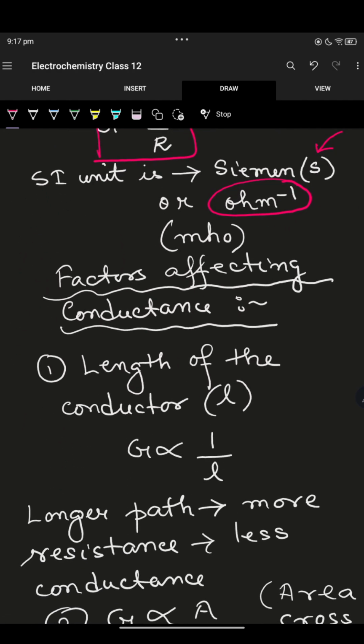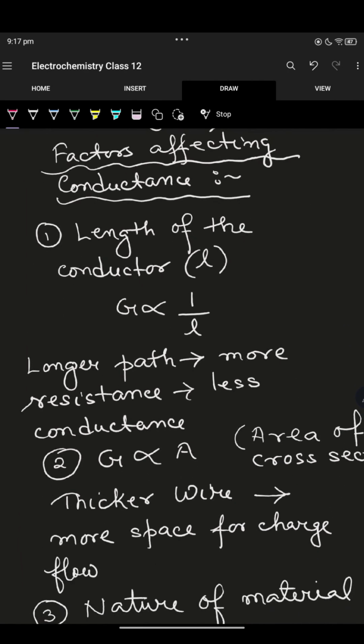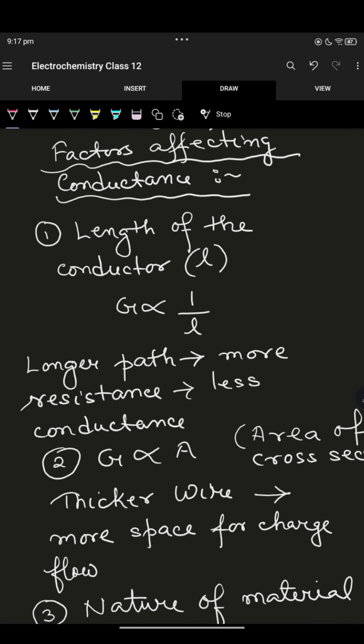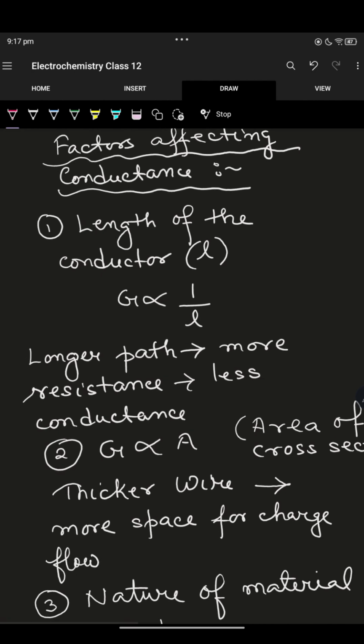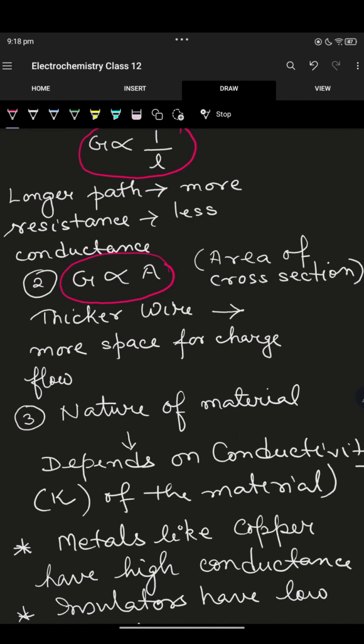Factors affecting conductance. That is, G depends on length of the conductor. How? It is inversely proportional. Longer the length of the conductor, more is the resistance it offers, and less is the conductance. So G is inversely proportional to L, and G is directly proportional to A, where A is area of cross section.